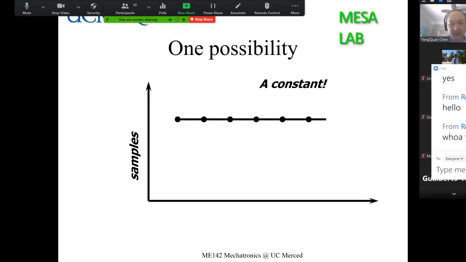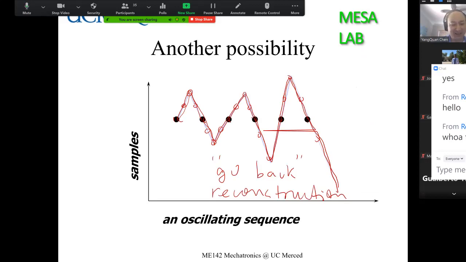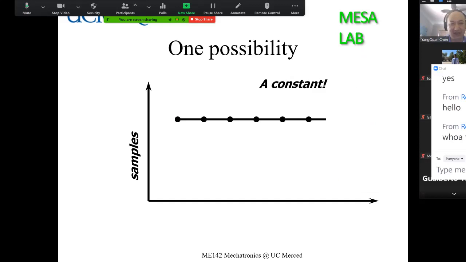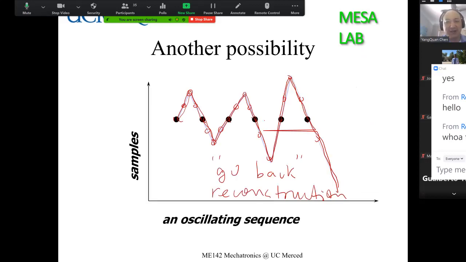Visually, you may think it's a constant line, but this is only one possibility. It could be like this, okay? Yes, I pass all the points, but my original one is this zigzag line.